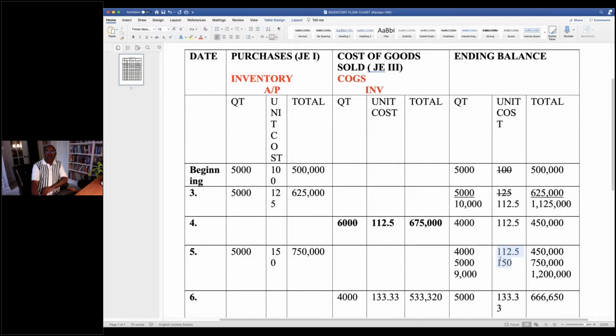Okay. So we're going to use either one of these. But to get the weighted average, we're going to divide 9,000 into 1,200,000. And when we do that, how much do we get? What's 1,200,000 divided by 9,000?